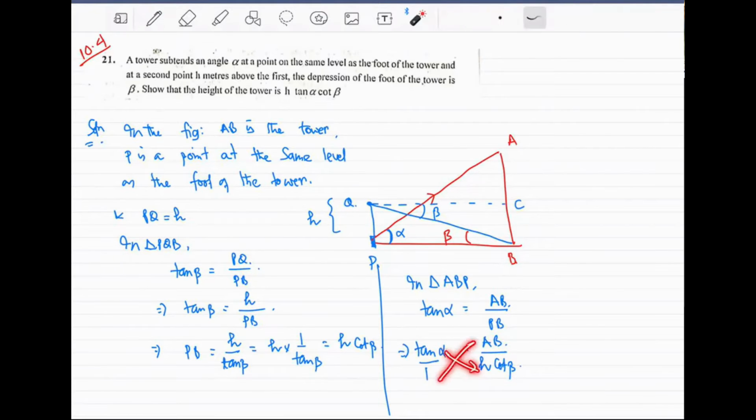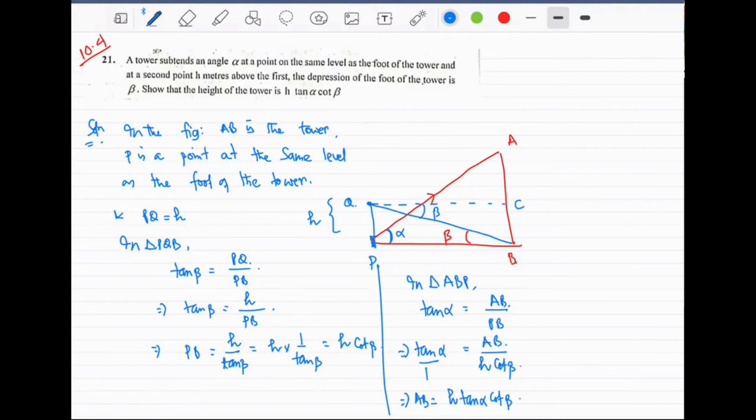So cross multiply. AB and 1 will be AB. And if you multiply these two, H will come first, and tan alpha next, and cot beta later on. So we will have H tan alpha cot beta.